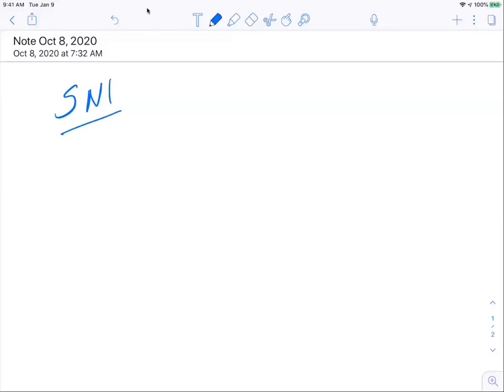So in SN1, we have our substrate with our leaving group. The first step is that the leaving group leaves.